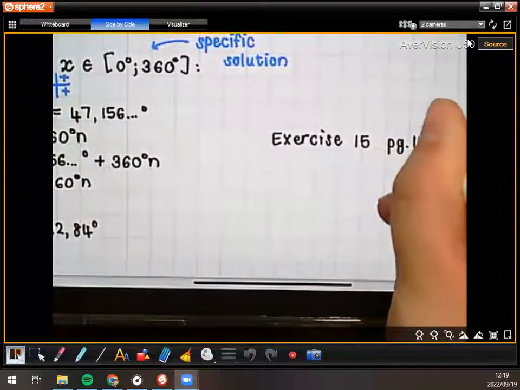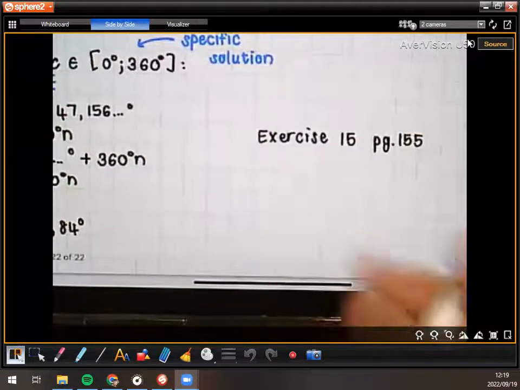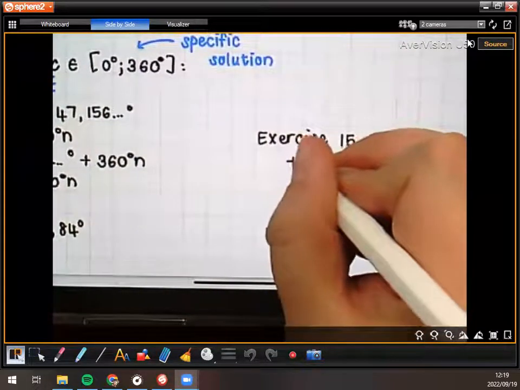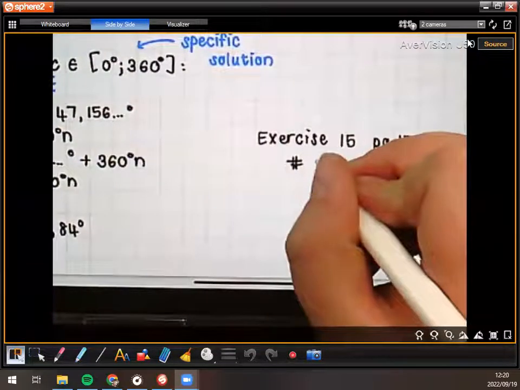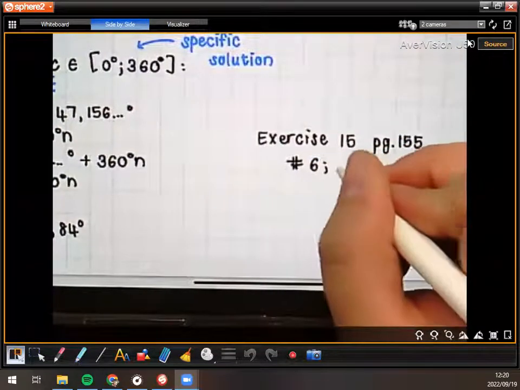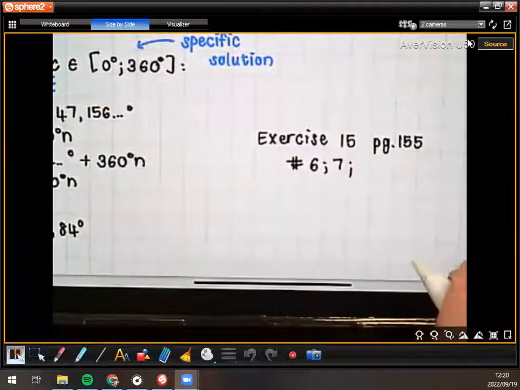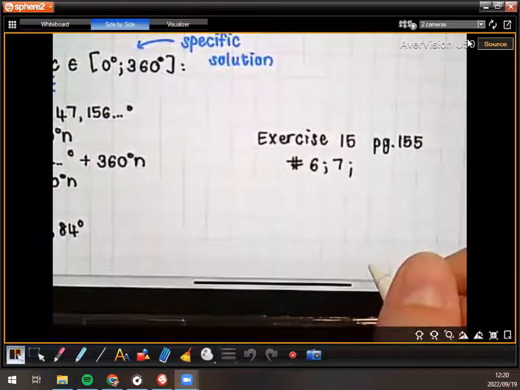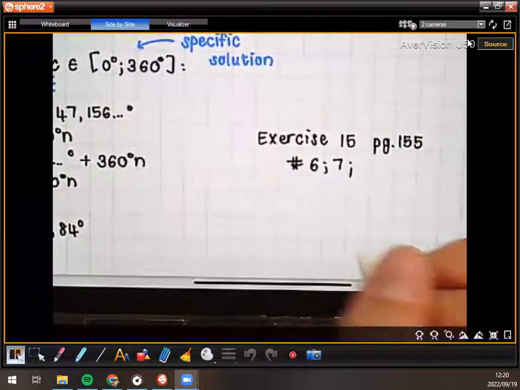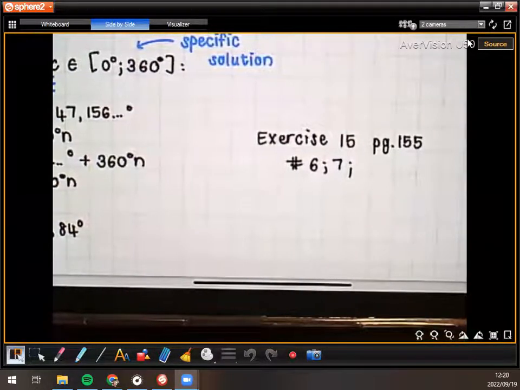Page 155. And now I can't give you guys 10, so let's do number 6 and 7. And now why is there smaller than or equal to?